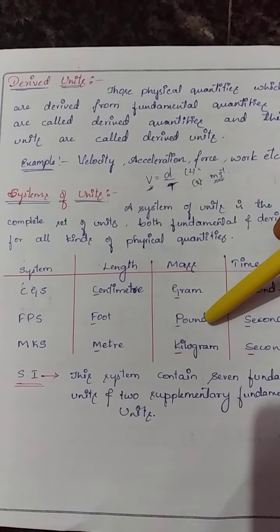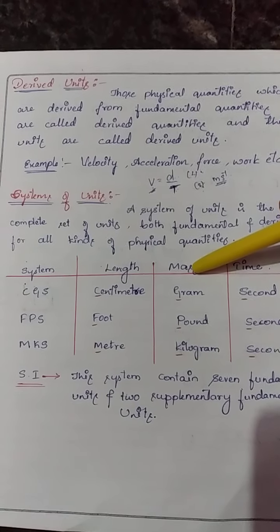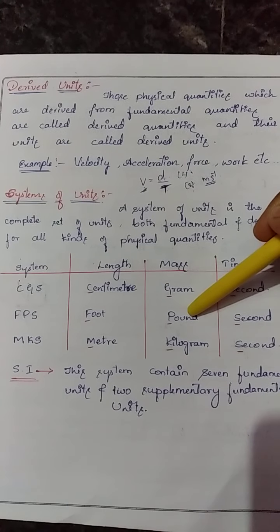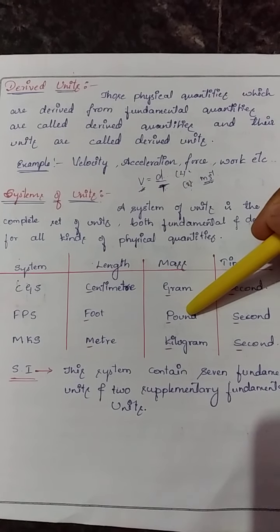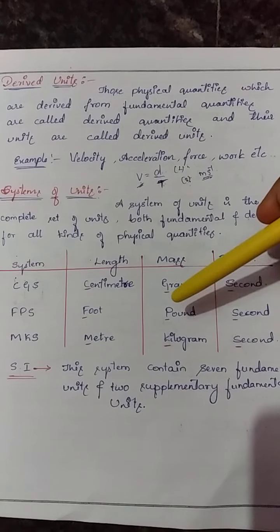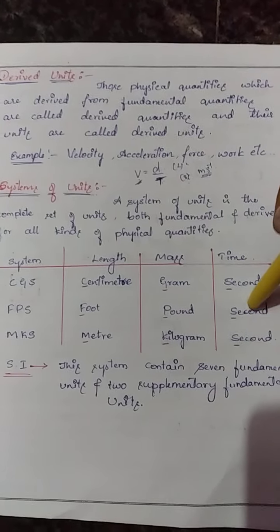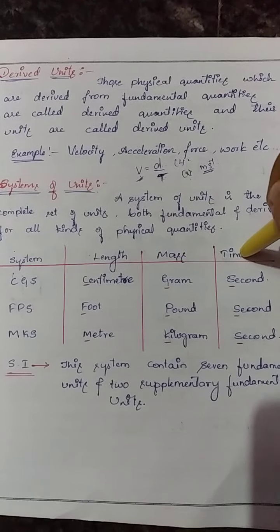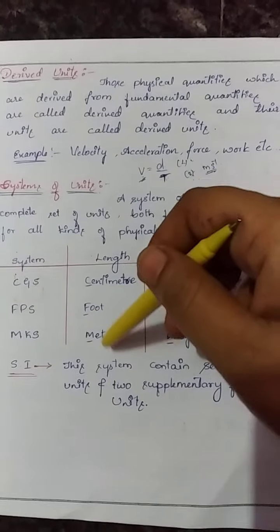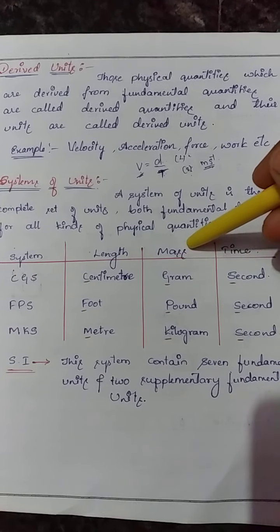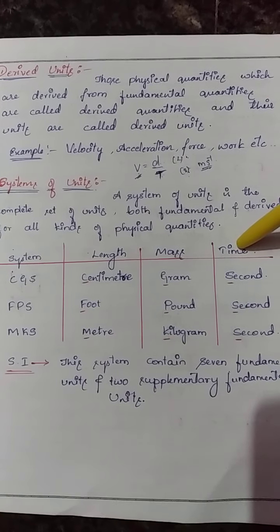P means pound, that measures mass; generally we use it in bakeries for 1 pound or half pound of bread. Next, second for time. Next, the MKS system means meter for length, kilogram for mass, second for time.